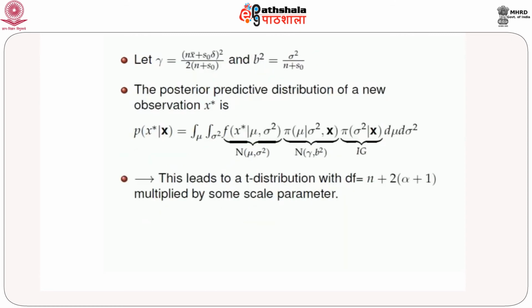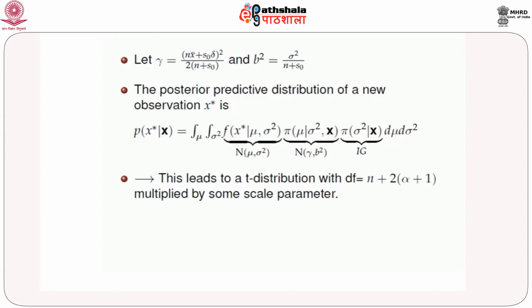For simplicity of notation, we let gamma equal the quantity (n x bar plus S naught delta) whole square over 2 into (n plus S naught), and b square as sigma square over (n plus S naught). So, the posterior predictive distribution of a new observation x star, from the very definition, turns out to be of the following form.